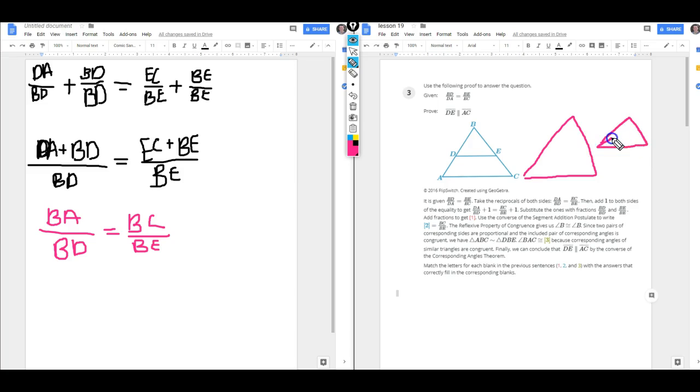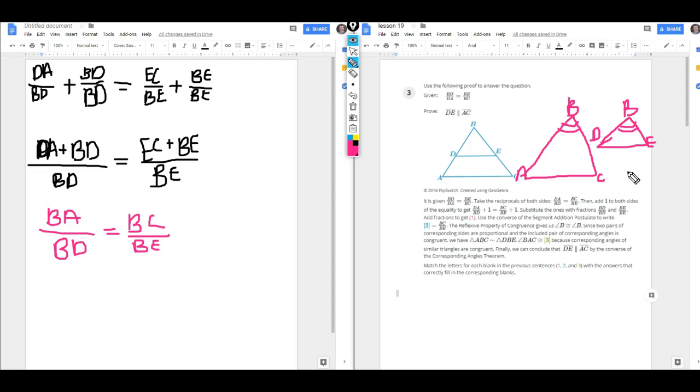Now angle ABC, angle B and angle B is representing this. So this one is corresponding, this one is corresponding.